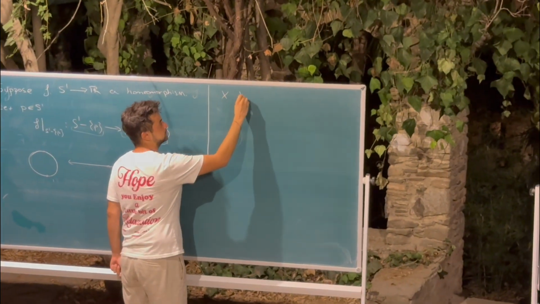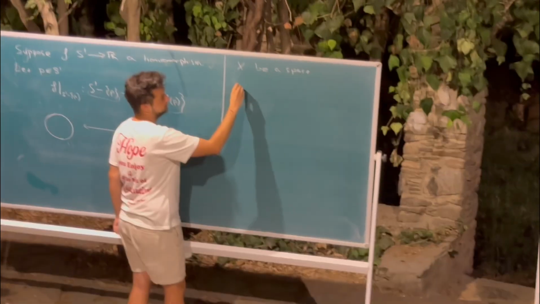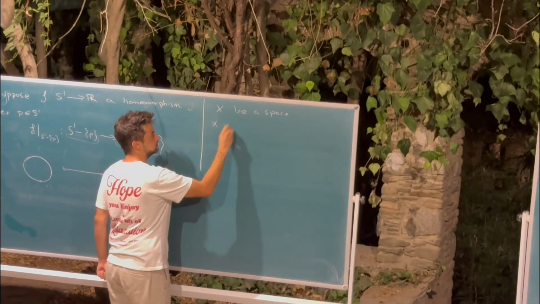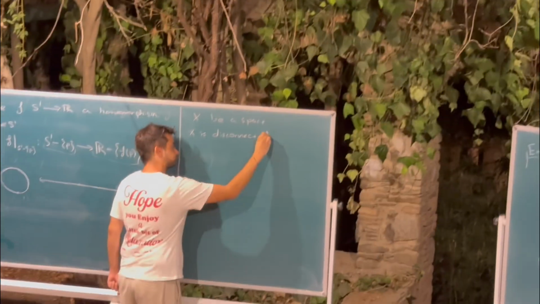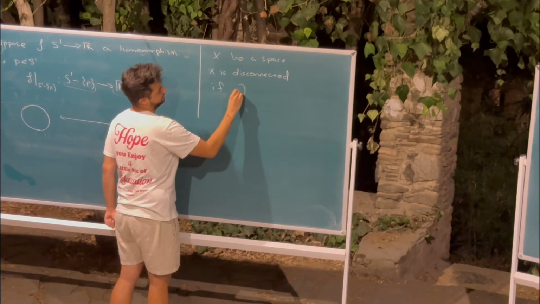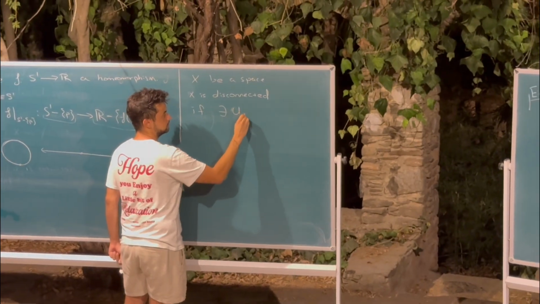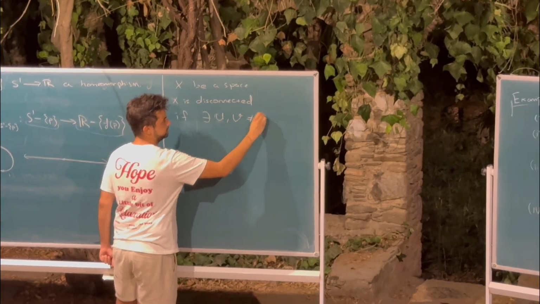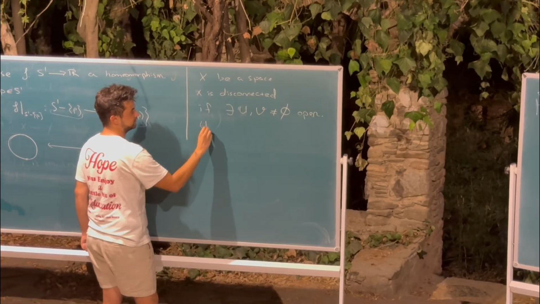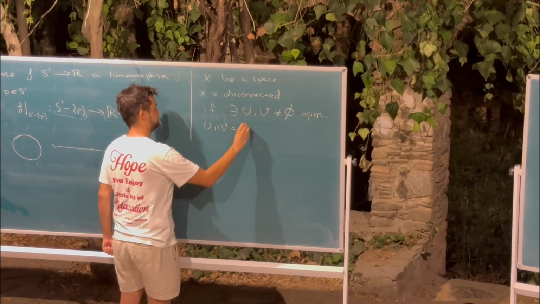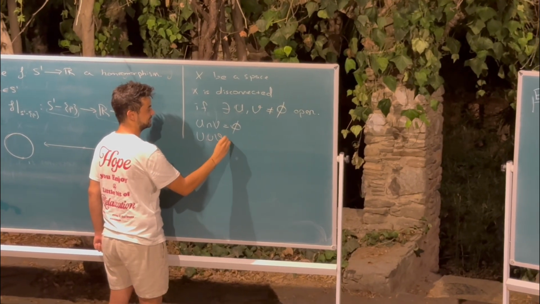Let X be a space, and we say that X is disconnected if there exist open sets that are not empty, their intersection is the empty set, and their union is X. I know it sounds like a lot of things.